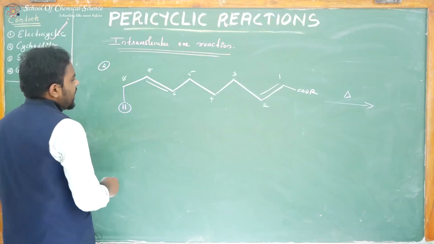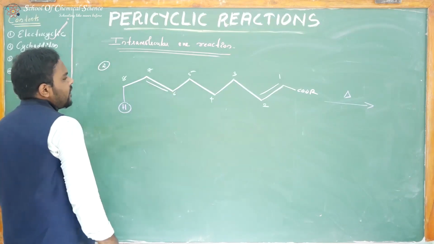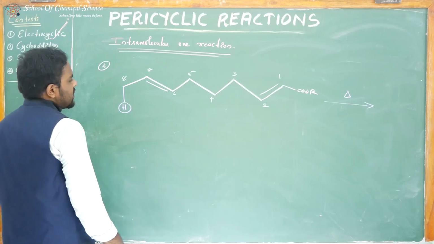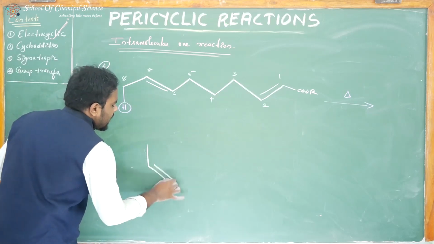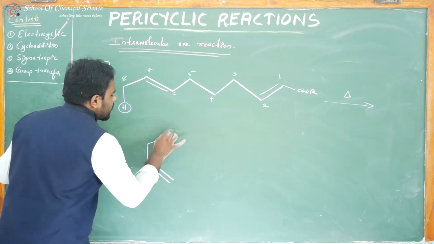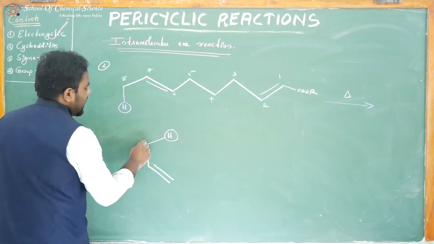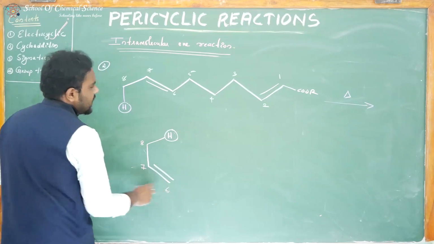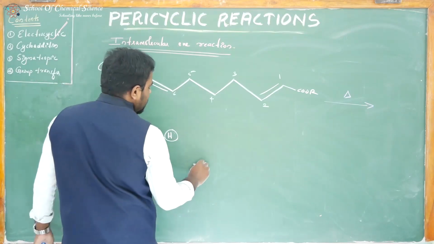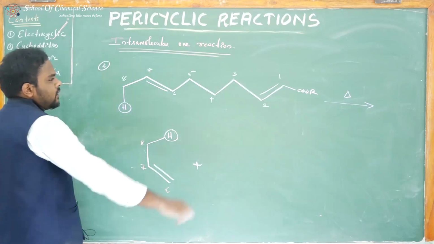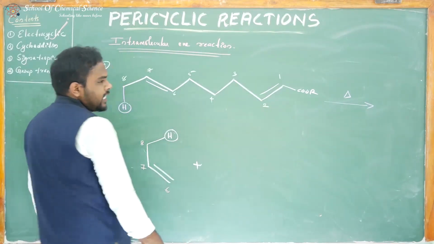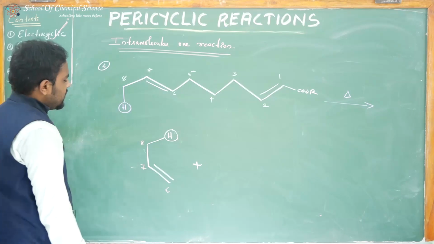You can take the enophile and allylic system separately. This will be your allylic system, numbered 8, 7, 6, plus the enophile. In the enophile, regioselectivity is there.